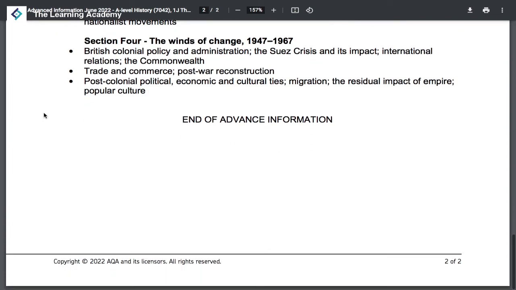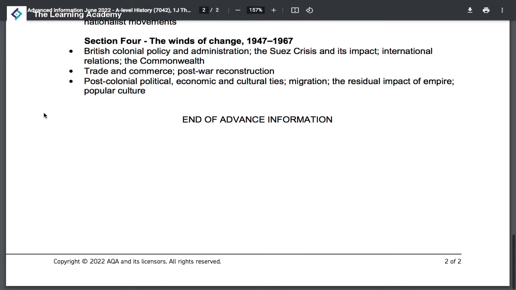And then finally, the winds of change period from 1947 to 1967. You need to know about, again, colonial policy and administration, so things like the impact of the Suez Crisis and international relations surrounding the slow contraction and ultimate collapse of the British Empire. You then need to know about trade and commerce.